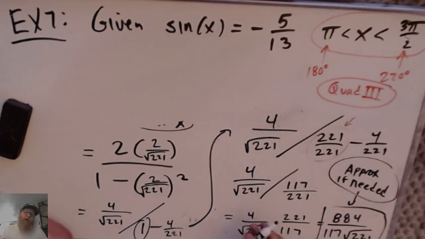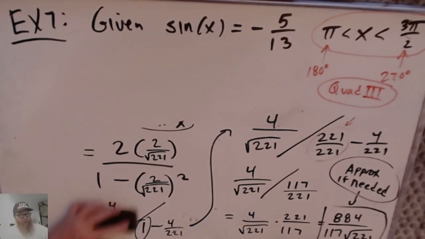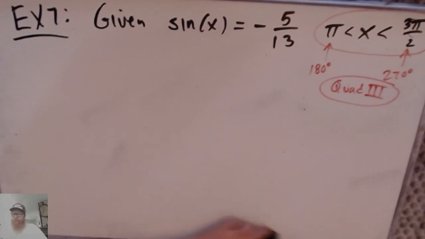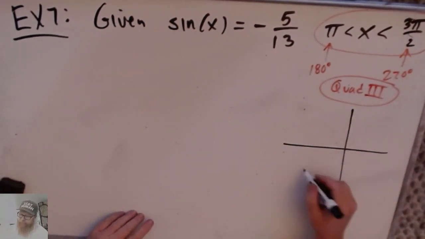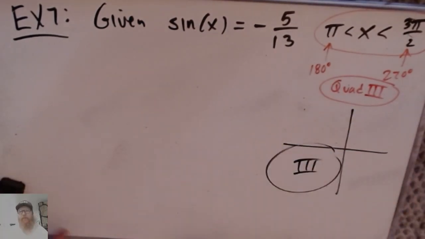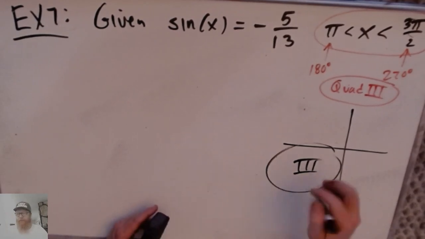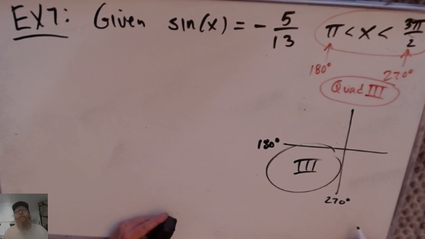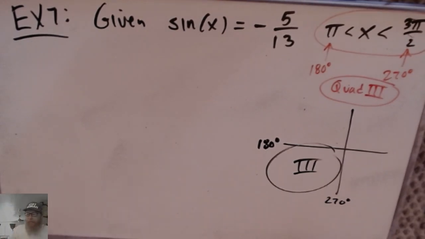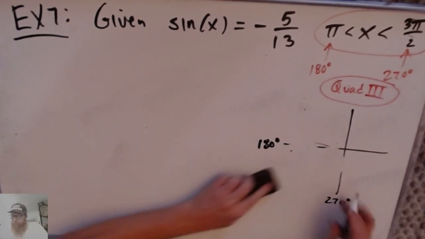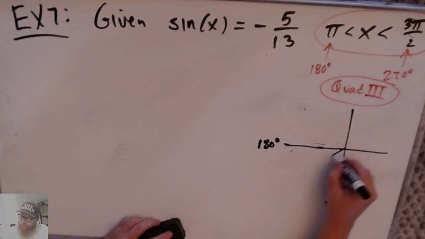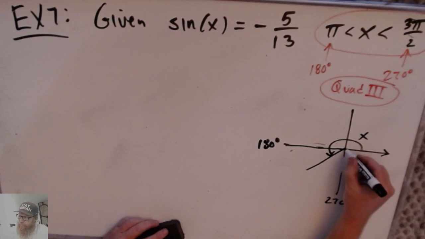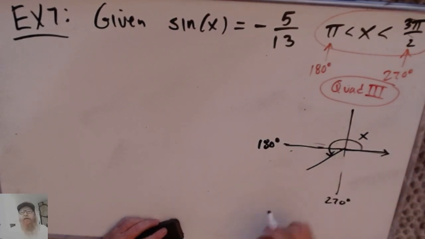Yeah, so you're in the lower left quadrant. So this is where you're at. Here's 180. Here's 270. So we have an angle in quadrant 3. That's our angle x. So it's more than 180 degrees.